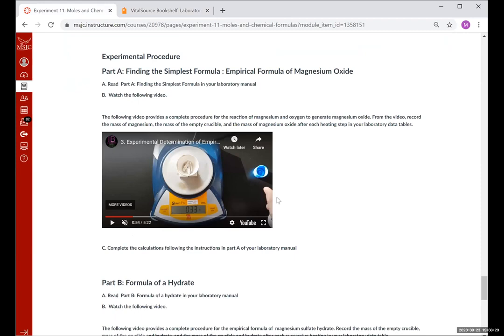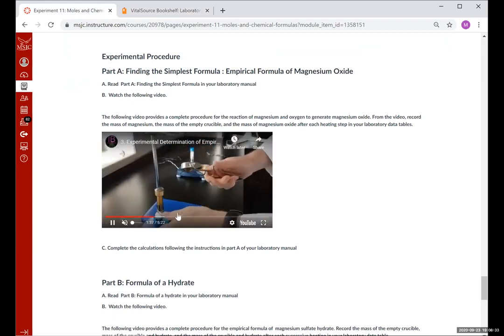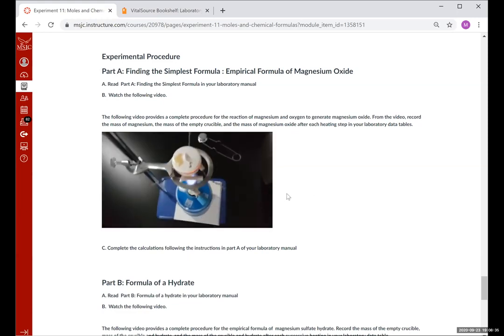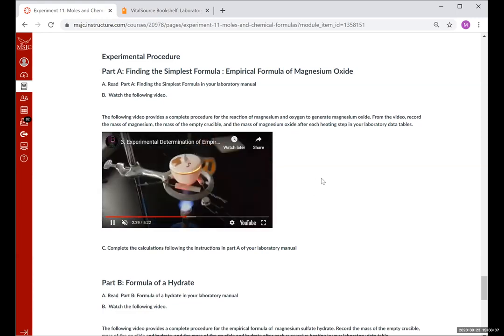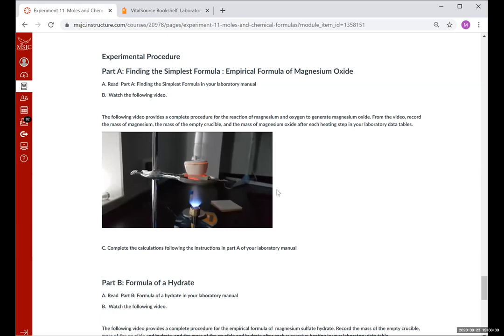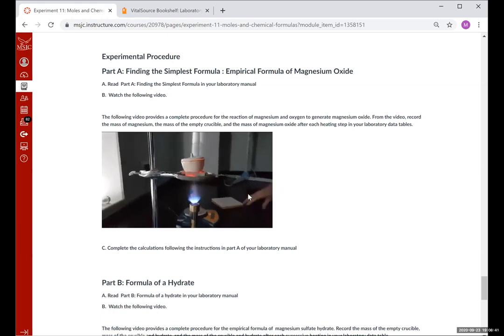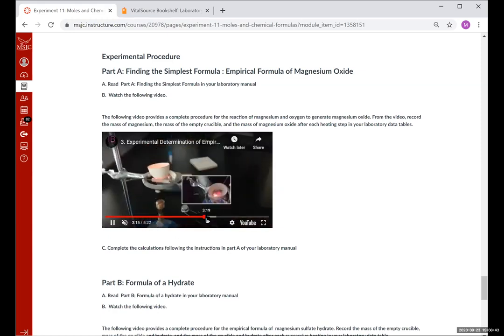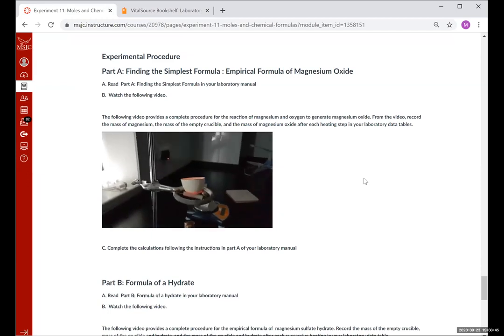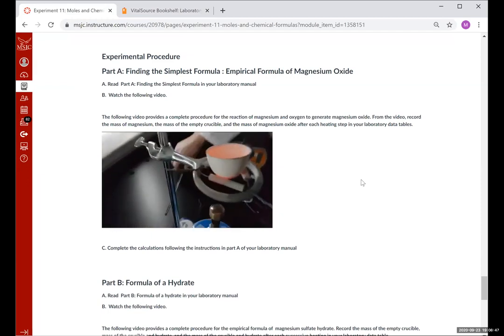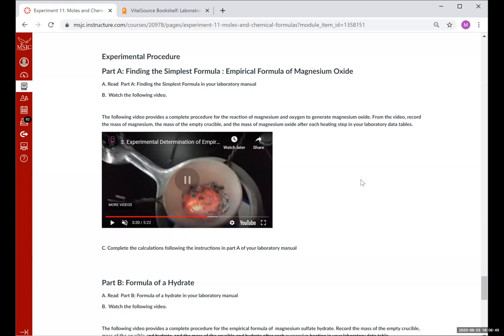So that's part A. What they're going to do is react the magnesium with oxygen in a crucible. It will begin to glow as it reacts with oxygen, and at the end will generate magnesium oxide, which, as you notice, has a substantially different appearance and a different mass.